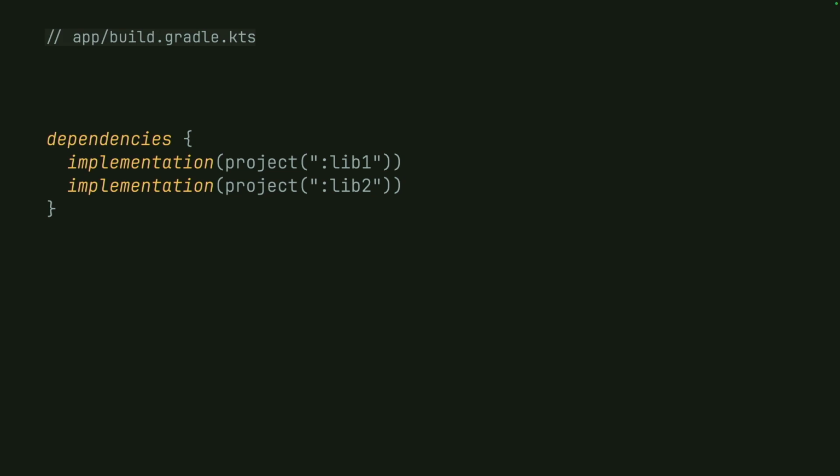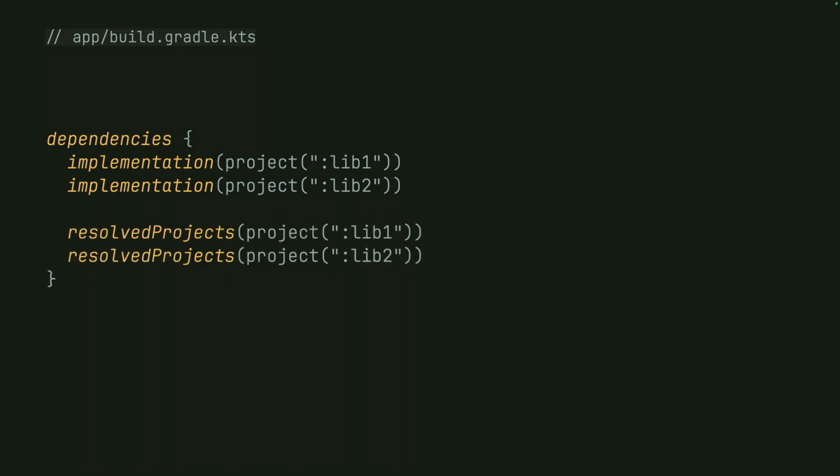A good way to drive this home is that for any plugins out there that create custom configurations, if you want to mirror the dependency graph that your app uses, one way to do it is like this, where you have to create a duplicate connectivity between nodes.